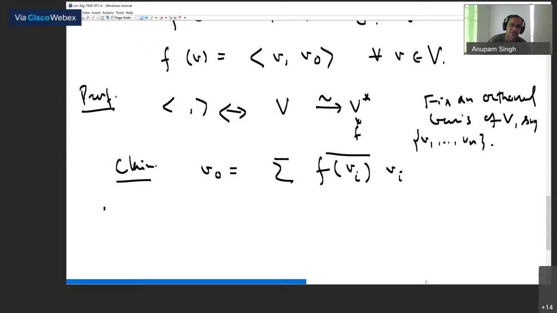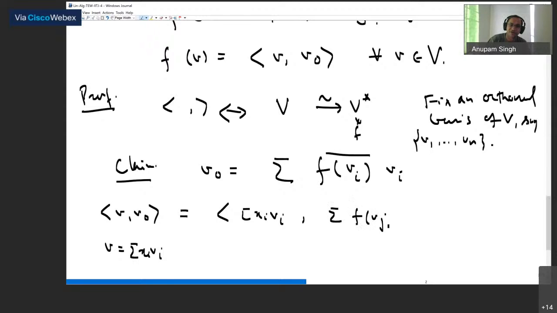To check that, we compute the inner product of v with v naught, and we'll verify that it's actually going to be f of v. Since I'm using coordinates, I will write v also in coordinates. So let's say v is the summation over xi vi. Then this will become summation xi vi here, and v naught is the summation over f of vj bar times vj. Just for changing the variables, I'll say this one is vj.